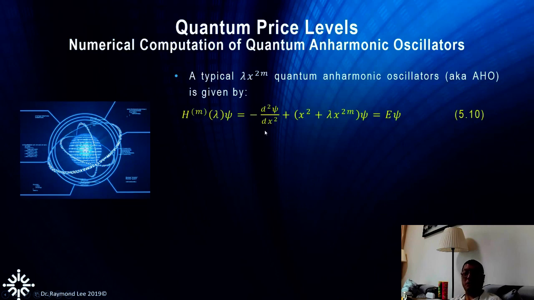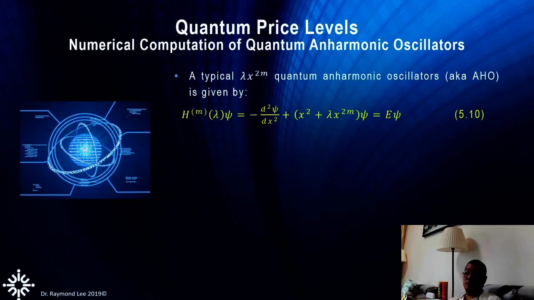The Hamiltonian has two parts. First is the KE part, same as ours. The second is the PE part, which has two terms: for x, the second order term, and the lambda x2m term. This means it can solve a particular group of Schrödinger equations that have a second order term combined with order 2m, which means x2 and x2 times any integer, which can be x4, x6, and so on.